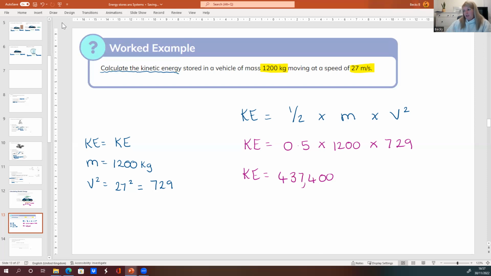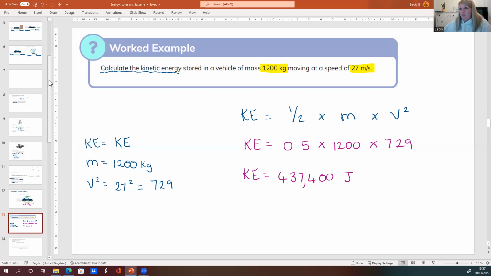We're talking about energy, so with joules. Okay, hope you agree. So follow that pattern. I know it takes a little bit of time, but it really ensures that you don't make any mistakes. You're not going to lose any marks anywhere along the way.